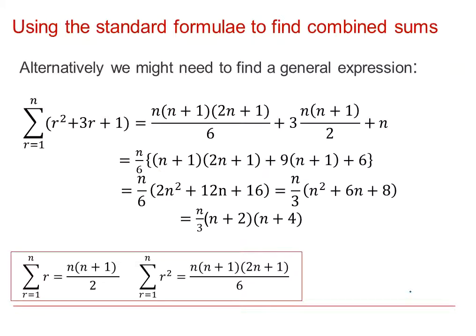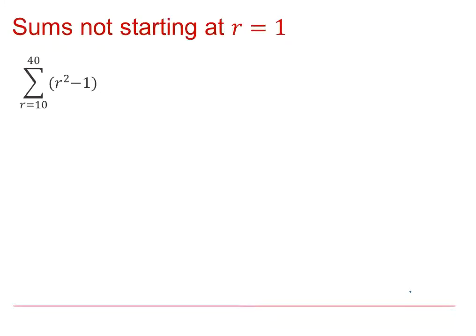So there's the full method, and again they're the formulae that we need to be aware of when we're dealing with these problems. So in our final example, what if we're looking at the sum of r squared minus 1, but we start at 10 to 40 instead of the usual 1 to 40.